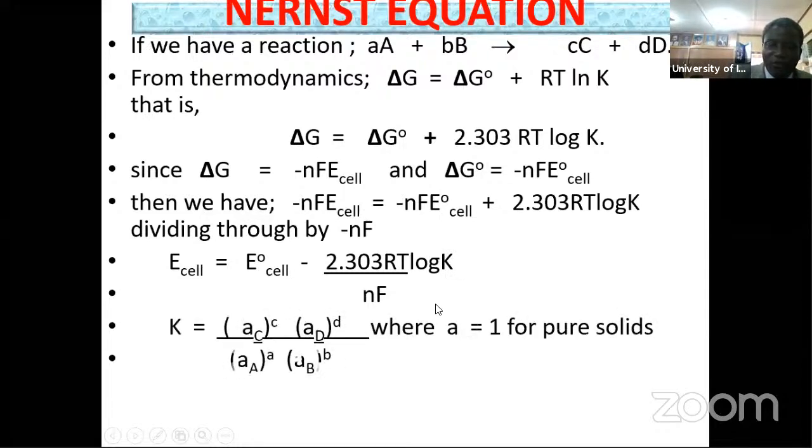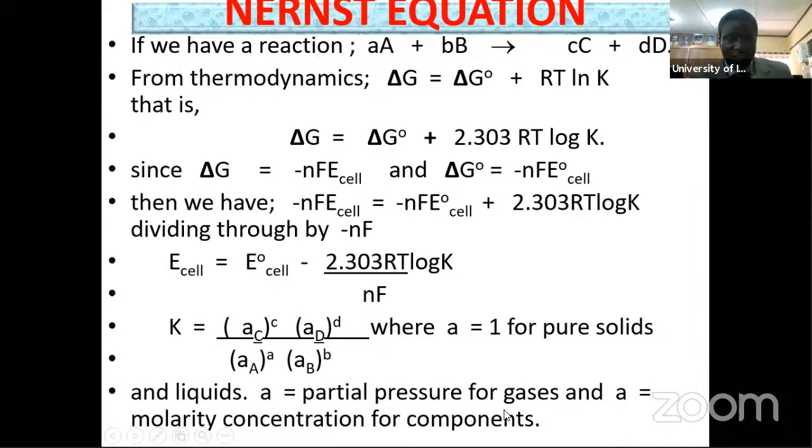So if you open up your value of K, this is what you have, using activity of C, activity of D, activity of A, activity of B. And normally in principle, when you have pure solid, you take it to be 1. Or when you have pure liquid, you take it to be 1. So in most cases, what you actually consider will be the aqueous forms of the various reactants that you have.